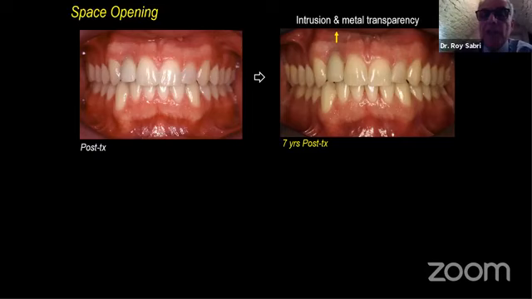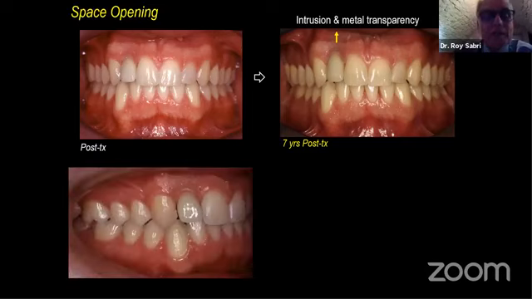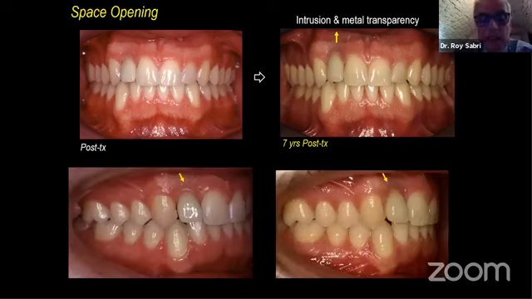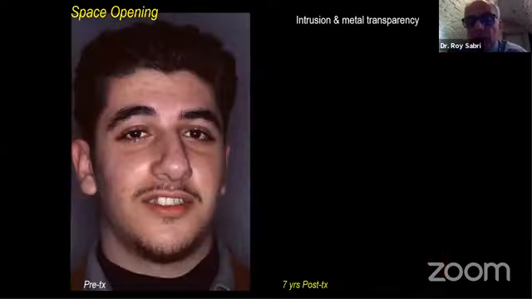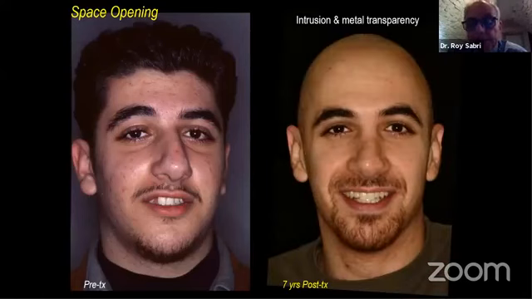That's one disadvantage. Some metal transparency, because you're putting your implant a little bit higher where there is more bone. He's not complaining about it, and I was ready to tell him if he complained about it that you lost all your hair, so 1 millimeter is not a problem.